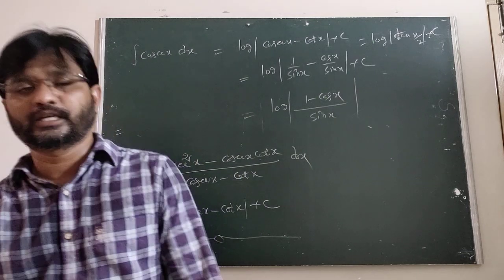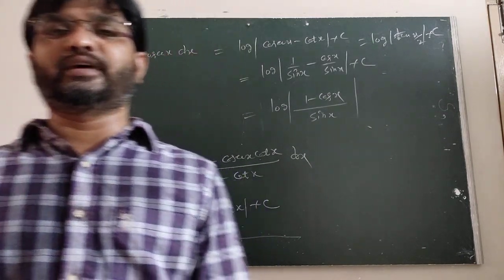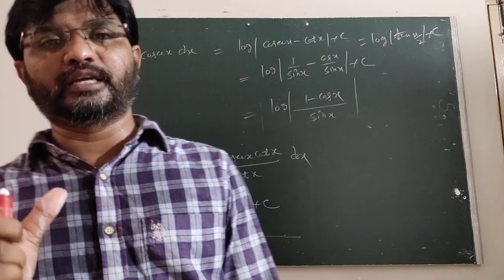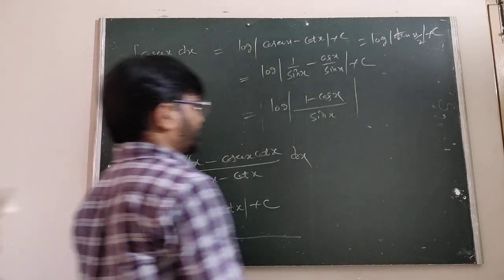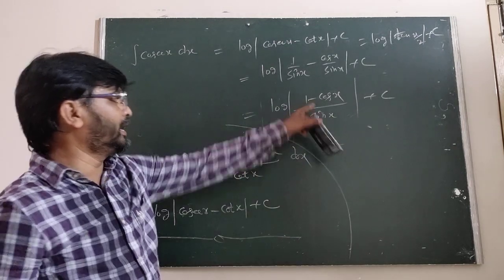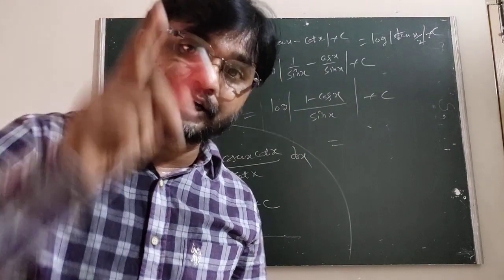We have to know the formulas: 1 minus cos theta is 2 sin square theta by 2, and 1 plus cos theta is 2 cos square theta by 2. Therefore, the numerator 1 minus cos x can be written as 2 sin square theta by 2.